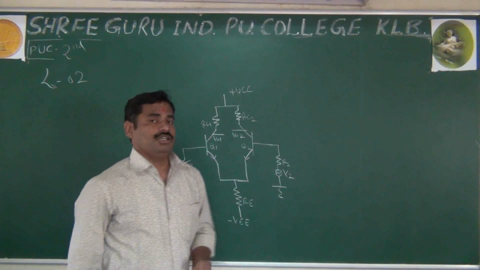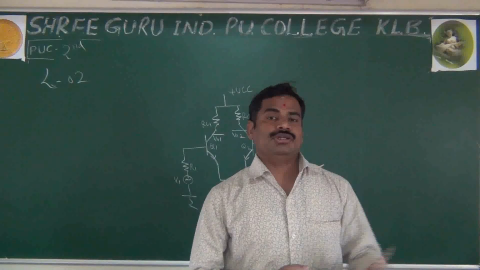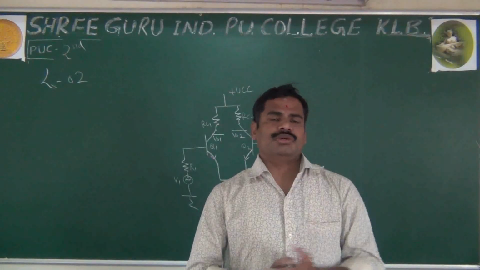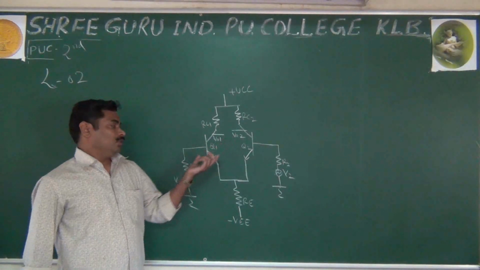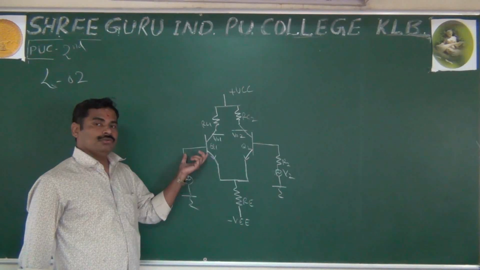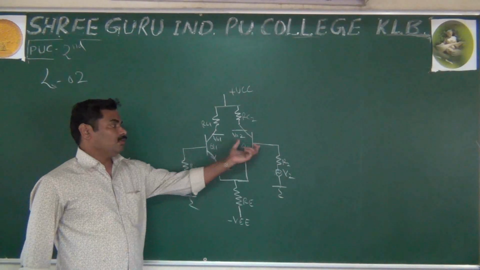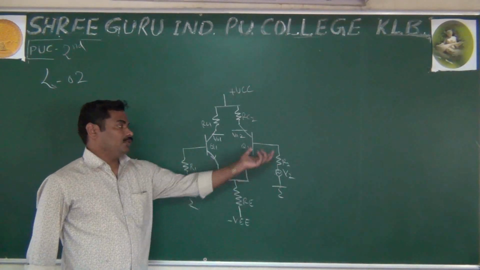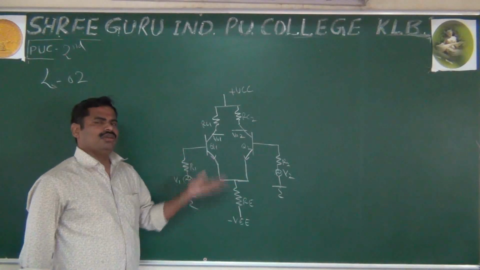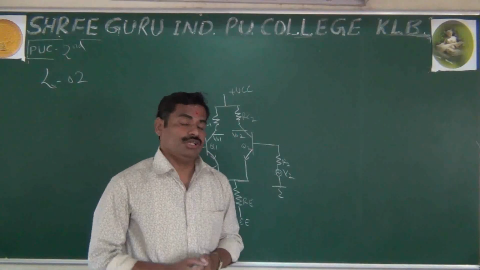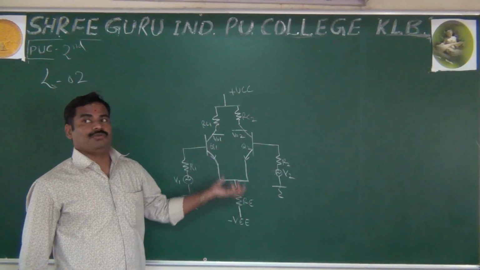As we know already, in general it is not possible to apply both the inputs and measure the outputs simultaneously. That's why we consider only a single input. If you apply the input only to Q1 and nothing to Q2, and next time apply the input to Q2 and nothing to Q1, then you can understand the working principle very easily.